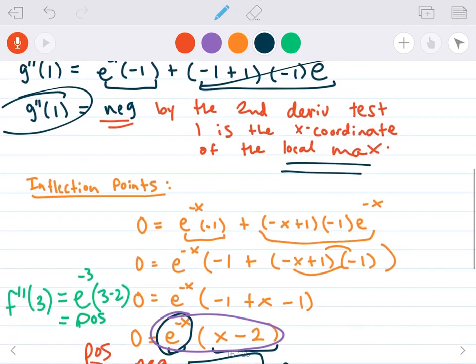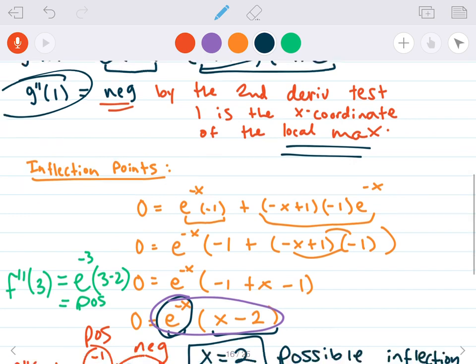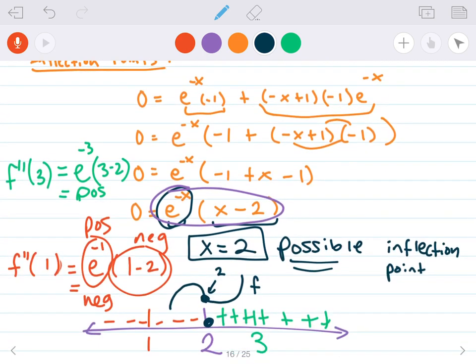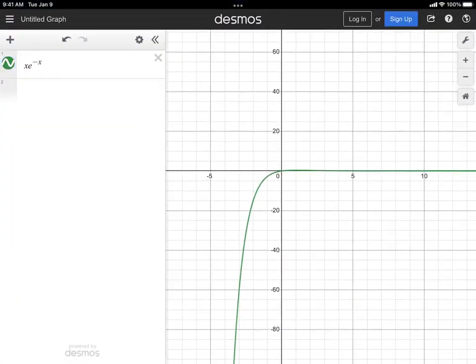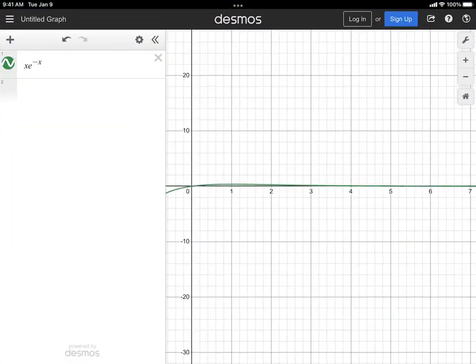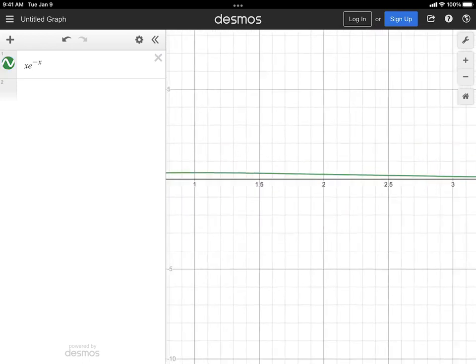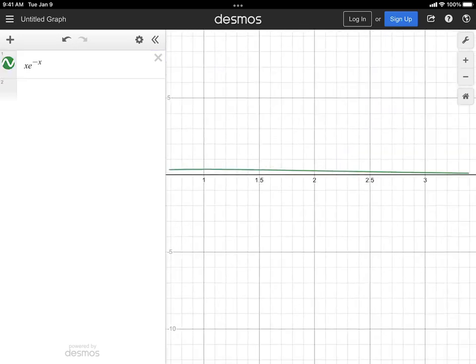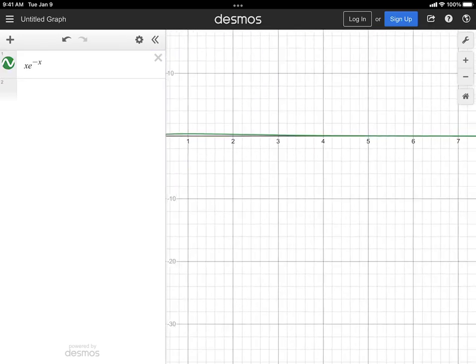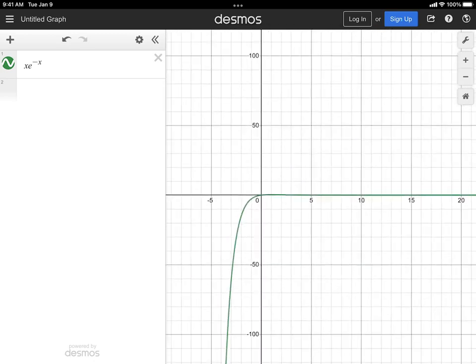And then what else did we find? Okay, we found the inflection point. We got x equals 2. We saw that it was going concave down to concave up at 2. So let's look at that. So does that make sense? Yeah, I mean, it's very, very slight, but that is what is happening here.